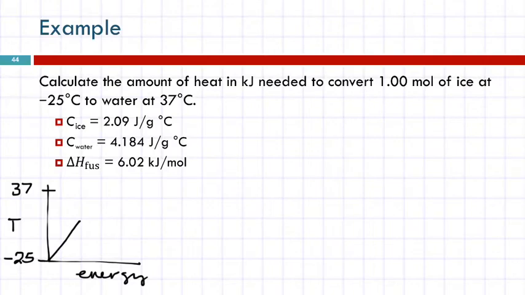Nope, 0. It's going to warm up until we get to 0, and then the ice is going to melt. As the ice is melting, the temperature doesn't change. Once all the ice melts and we have water and we continue to heat it, the temperature of the water will increase, and it will increase up to the 37 that the problem tells us to stop at.